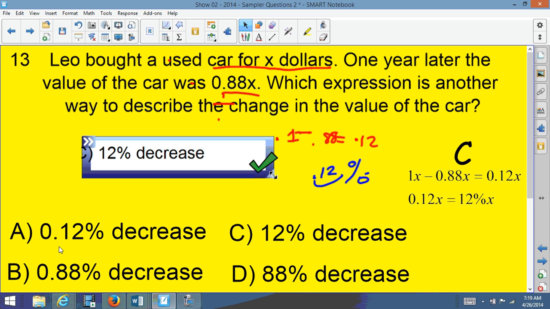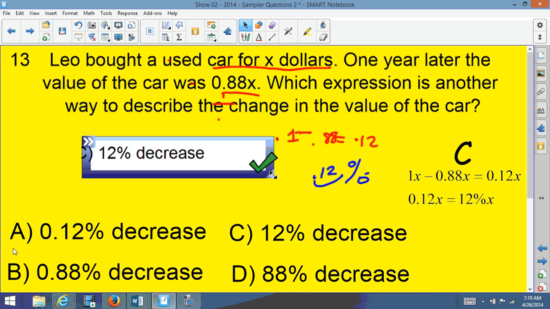That's just a little bit of dealing with decimals and percentages. Now don't be fooled by the 0.12%, because that looks like it could be the answer, but you have to be careful, because remember, when you change this to a decimal, you have to move the decimal point over 2 places to the left.